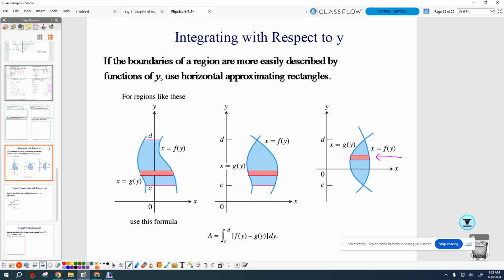Change in y. Ew. So if it's dy, then everything in here has to be a function of y. So you're going to have to get x equals blah, blah, blah.